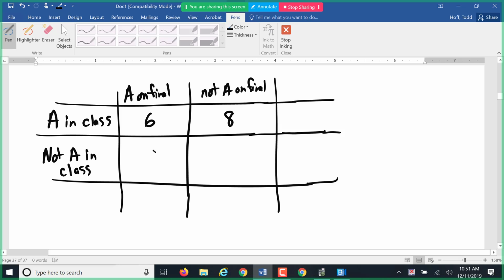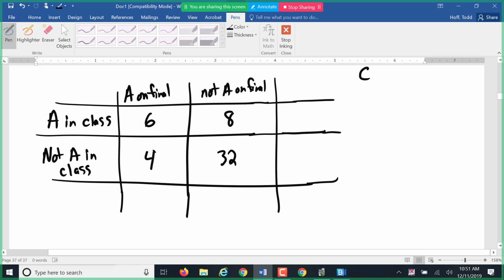And we had another 8 who had an A going in the class but did not get an A on the final. Of those that were not getting an A in the class, we had 4 of them get an A on the final exam. We had 32 of them not get an A on the final exam.